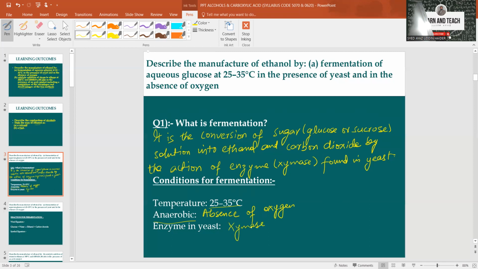The zymase is the biological catalyst. Biological catalysts are known as enzymes. Now, why it works best in the absence of oxygen or anaerobic? The reason is that alcohol produced get oxidized to produce carboxylic acids if oxygen is there.